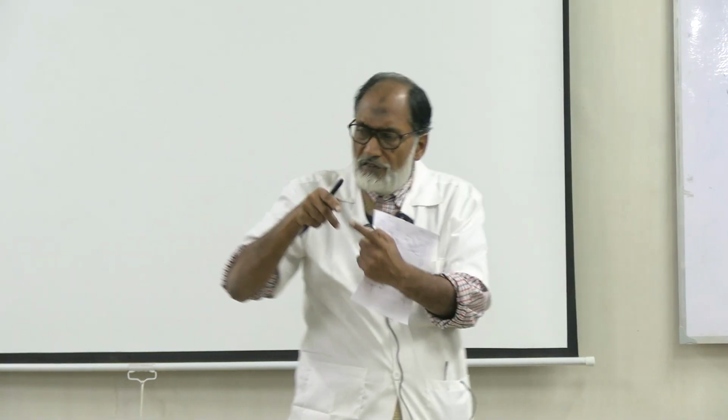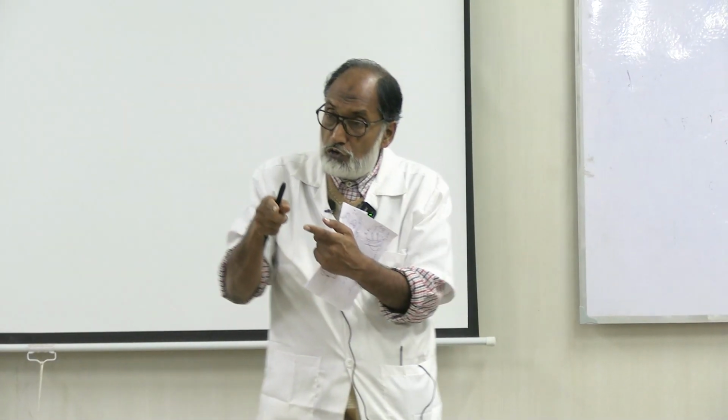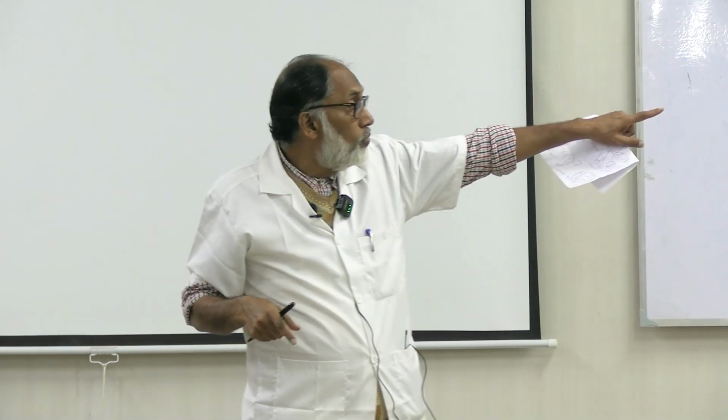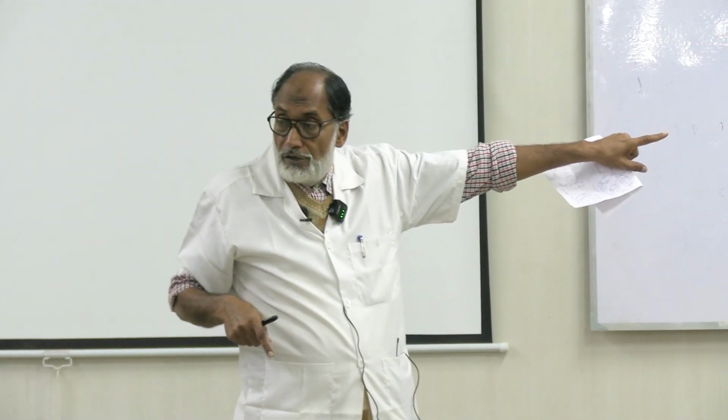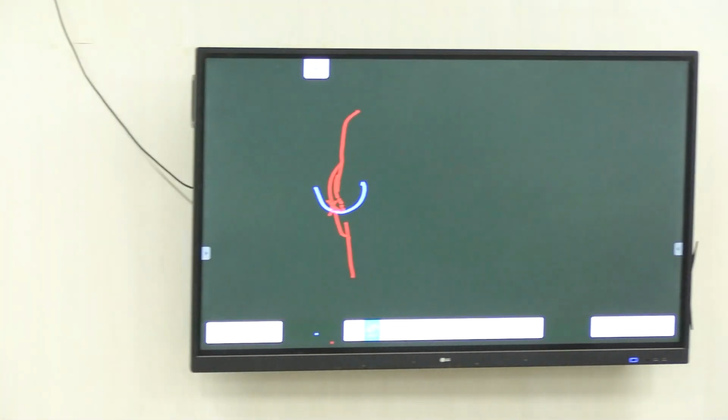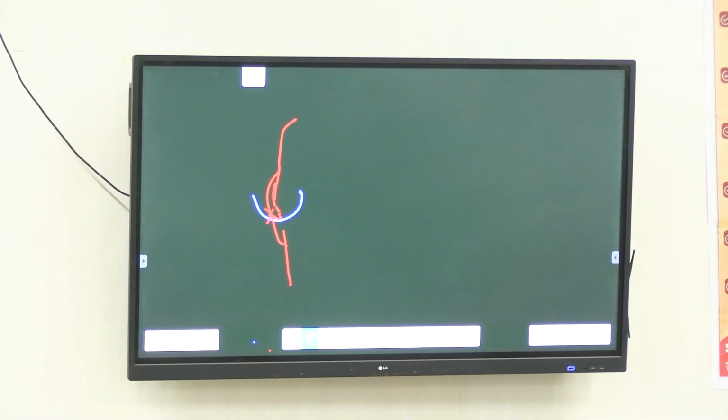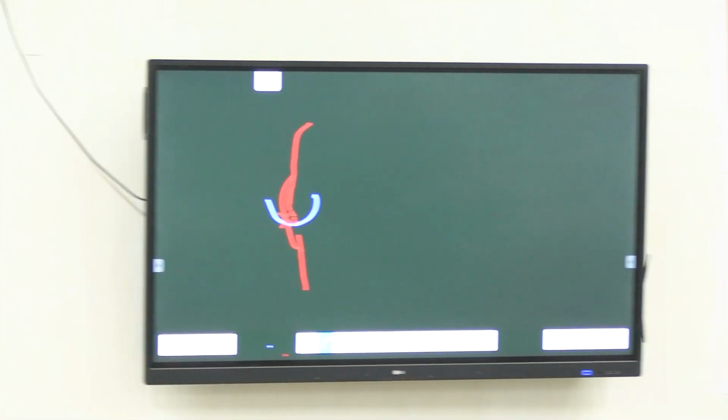Common interosseous will again be divided into anterior and posterior interosseous. From that posterior interosseous, one recurrent branch will go and will anastomose with the middle collateral branch of the arteria profunda, and that lies behind the lateral epicondyle.